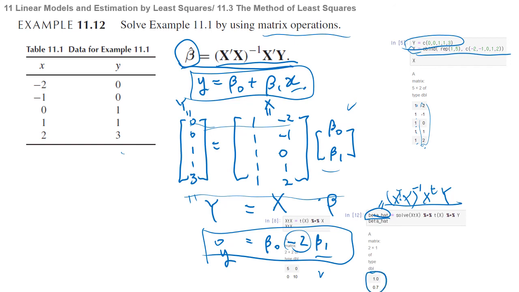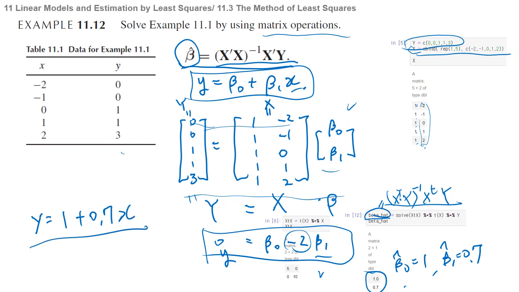So beta 0 hat is 1, and beta 1 hat is 0.7. As a result, our model is y equals 1 plus 0.7x, and this is exactly the same as the one we derived from example 11.1.